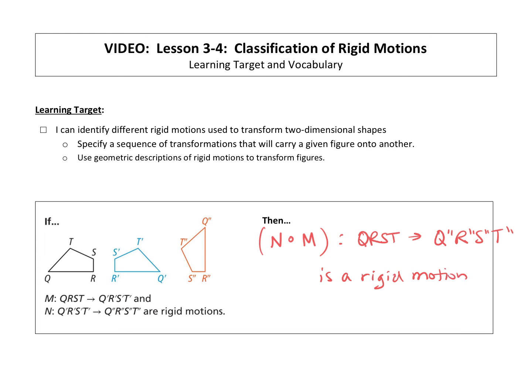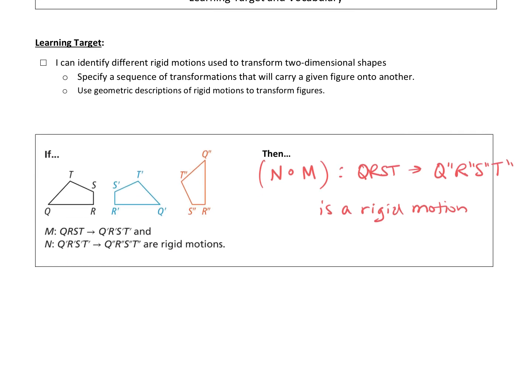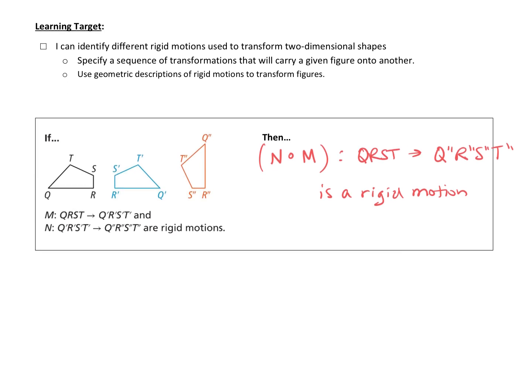So basically, this is a fancy way of saying, if you have two transformations that are rigid motions, and then you do a composition of those, the result will also be a rigid motion. So we will just write that out real quick down below. How about if we put a star by it?